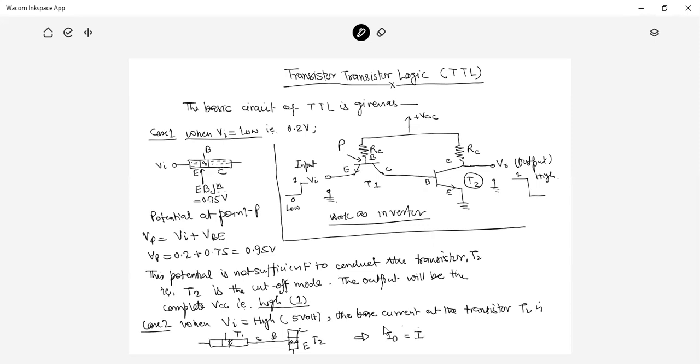So the current in the diode is equal to the current in transistor 1, equal to the current in transistor 2.